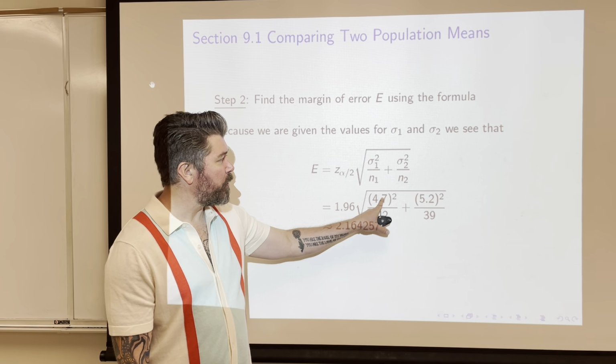Our upper endpoint of our interval is our point estimate from step 1 plus our error from step 2, and we get approximately negative 5.8. This gives us the interval negative 10.2 to negative 5.8, meaning we are 95% confident that freshmen study between 5.8 and 10.2 hours per week less than seniors.